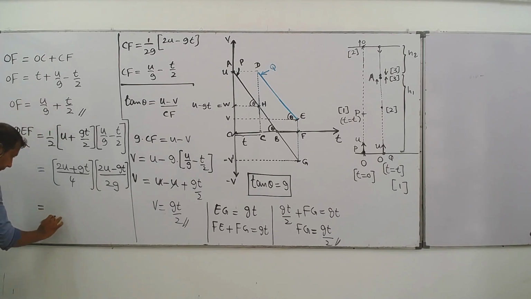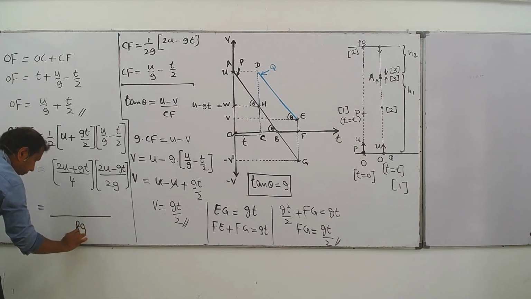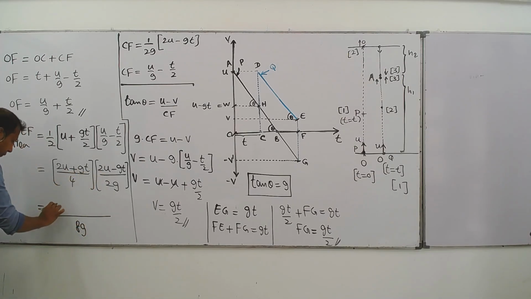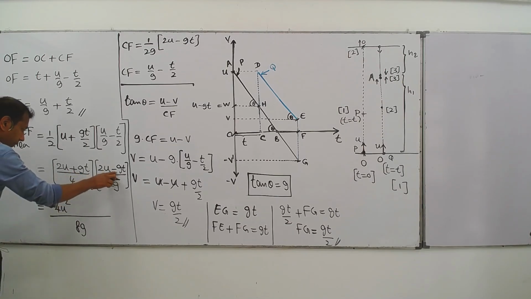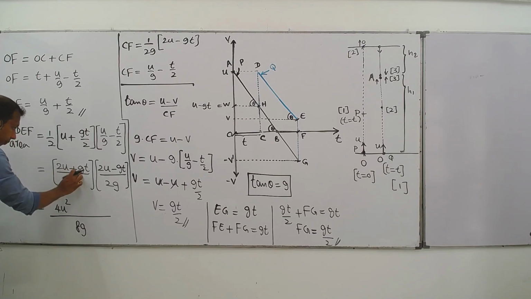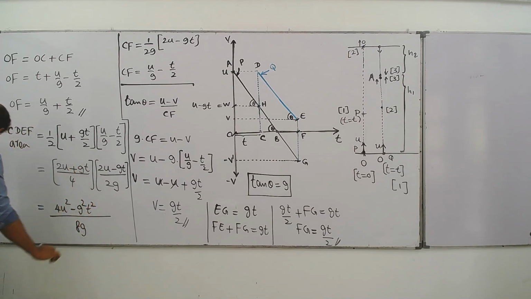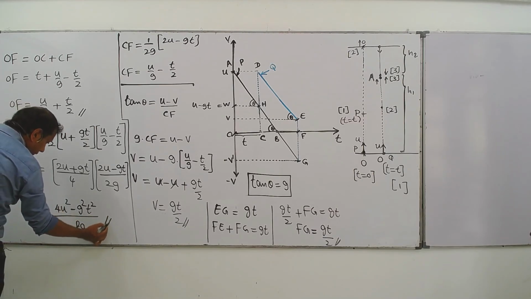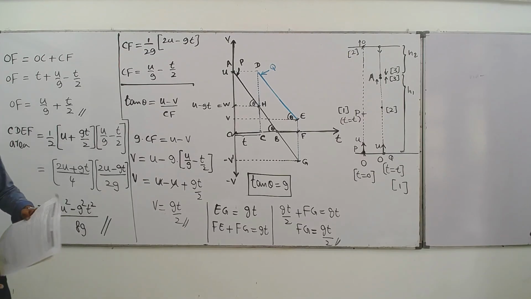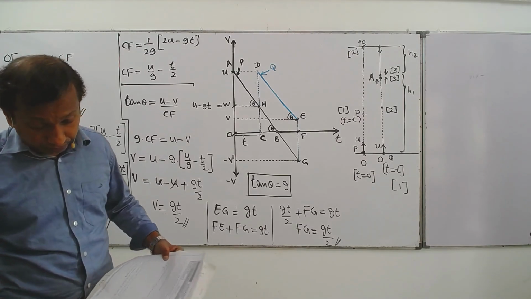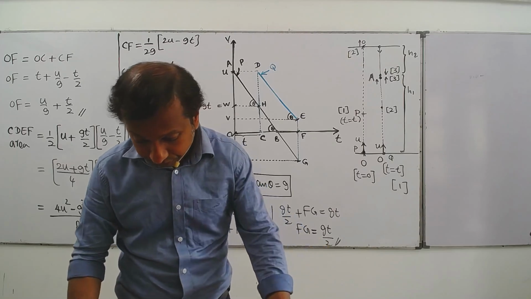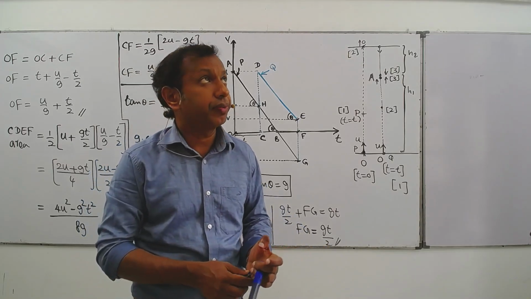Here G comes in, 2U, 4U squared. Right here, A plus B, A minus B form, no? 4U squared minus G squared T squared, divided by 8G, right? This way we can complete that question. That is how we get the first answer.